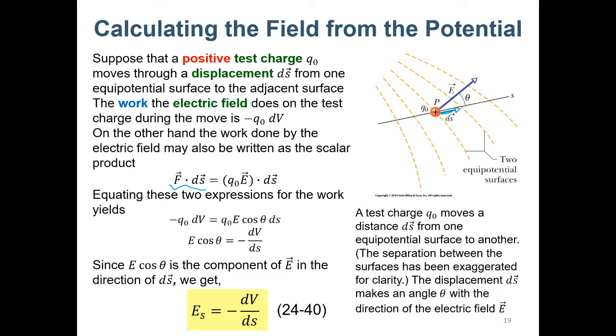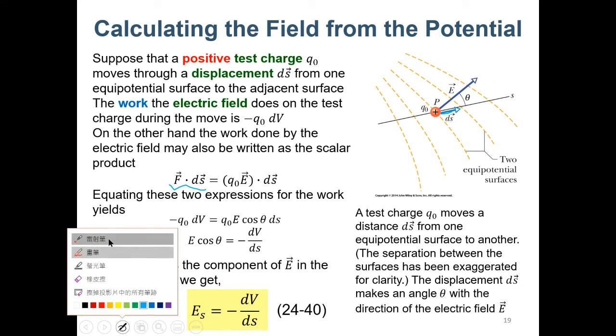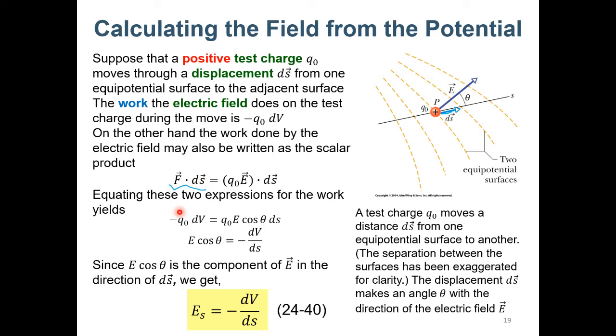That is the right-hand side. The left-hand side, F dot ds, will be nothing but minus Q0 dV, because it is the potential, so it has a negative sign.